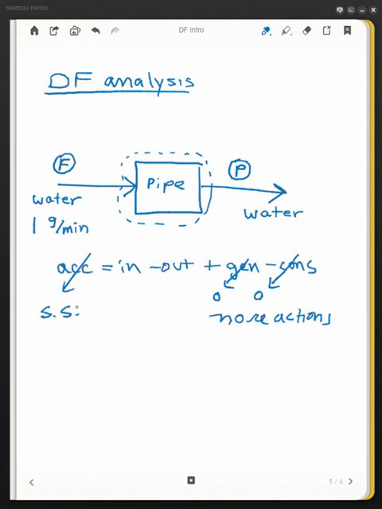So basically degree of freedom analysis is simply counting the unknowns and the knowns.